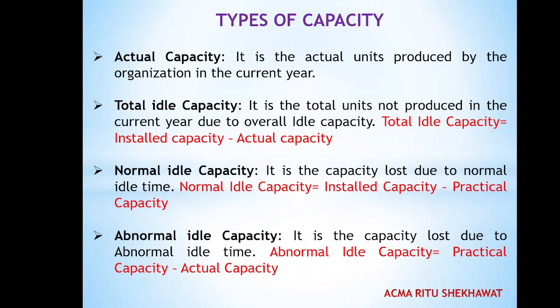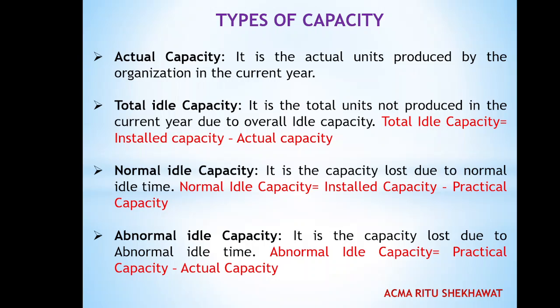Overall, if we remove the plant maintenance days from the total period from my installed capacity, we find my normal capacity. Many people in industries say that on practical ground their normal capacity is the same as installed capacity.